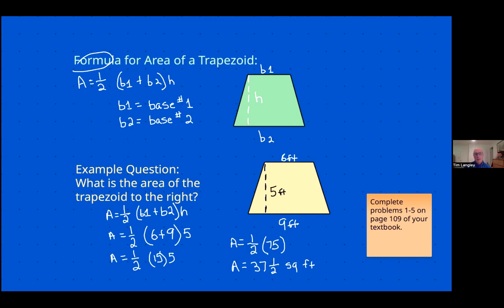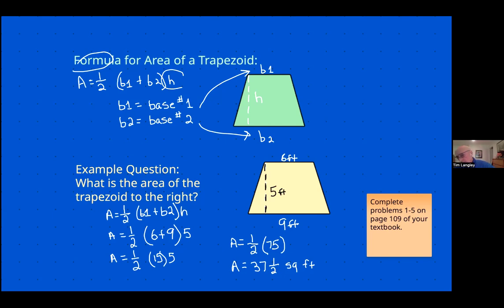B1 stands for base number 1, so that's going to be up here, okay? We'll just call that base 1, and this is B2. Basically, our two bases are what the trapezoid sits on, okay? So the top and the bottom, think of it as that. So times the height. Notice that H right there. Okay, I'm going to circle it here. This is the height. It's not another side, but it's actually the height.